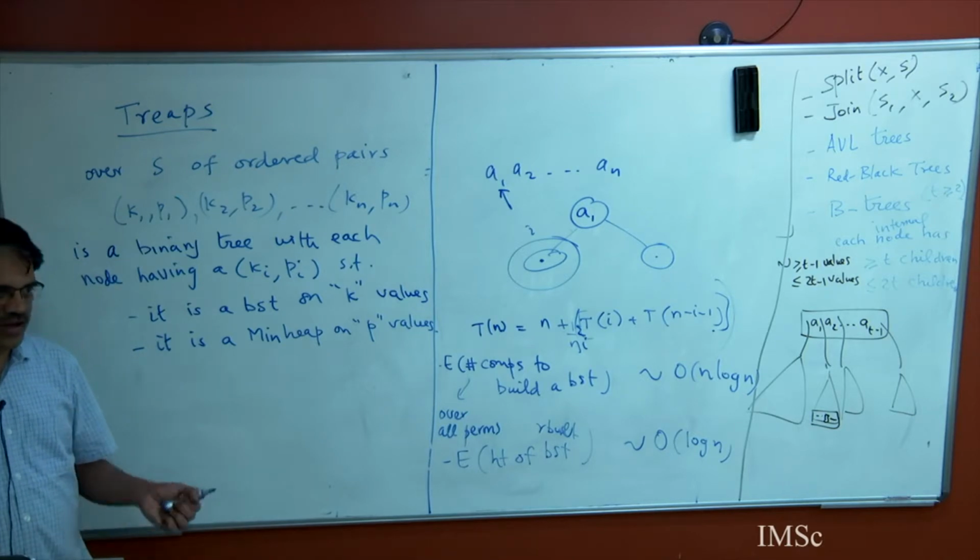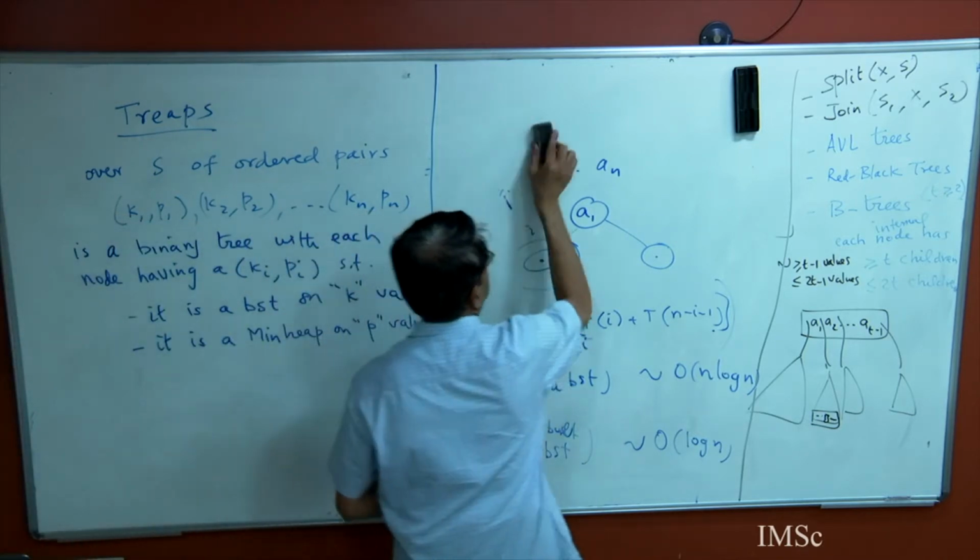So it's a binary search tree and a heap. Okay, let's look at an example.